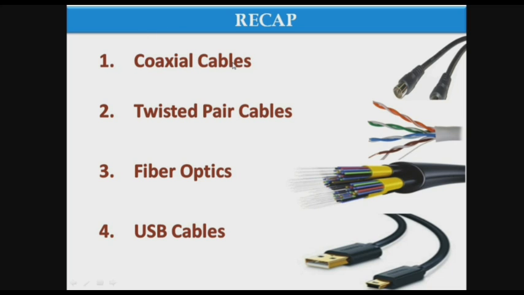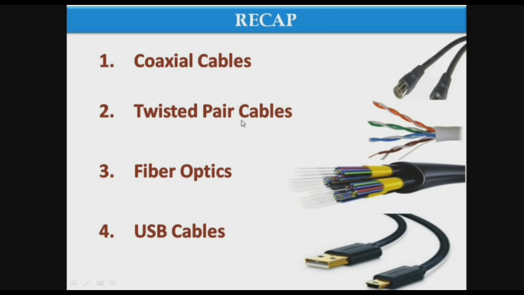But what is the disadvantage of coaxial cable? It is very difficult to install and maintain because it consists of two insulation mediums, and inside it consists of a bunch of copper wire. The data speed of coaxial cable is 10 megabits per second.